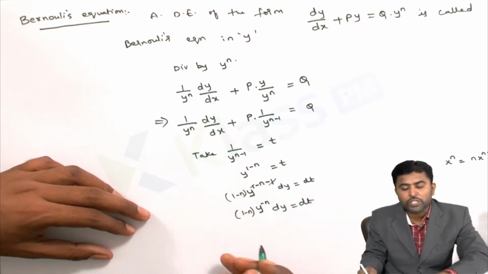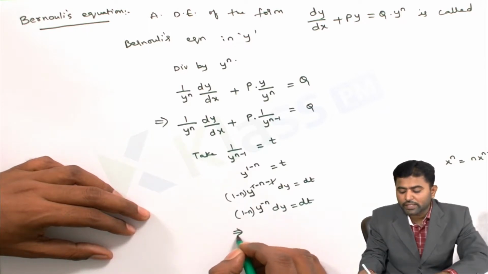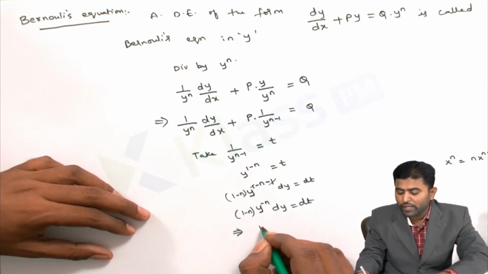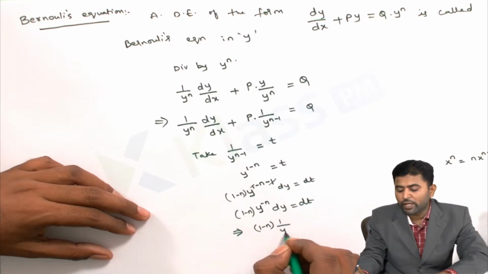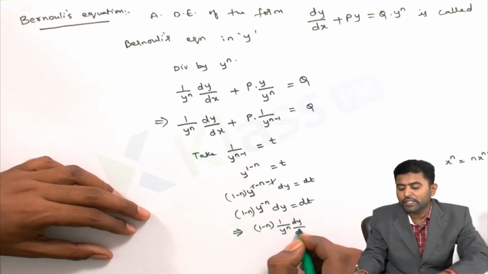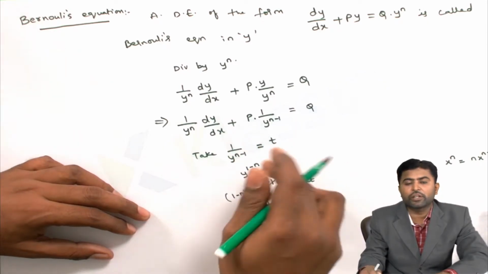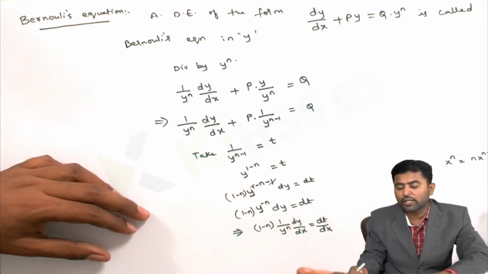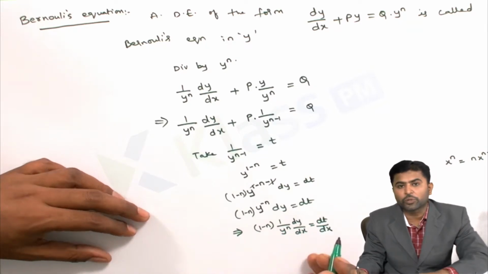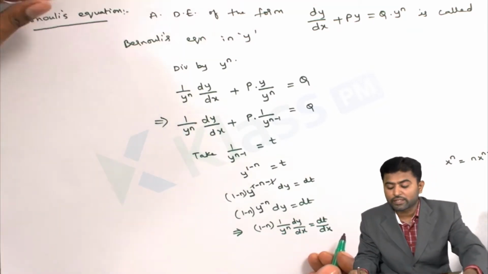Or if we differentiate with respect to x also, we can write it as 1 minus n, 1 by y power n dy by dx is equal to dt by dx.